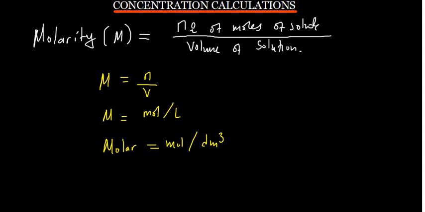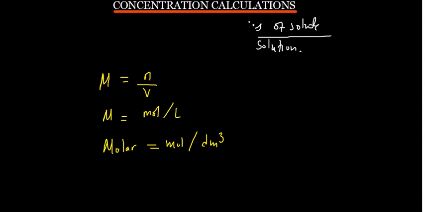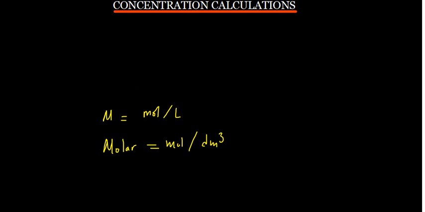So we can do just a very simple example on how to calculate molarity. So let's say we've been given 25.3 grams of potassium nitrate. When you calculate the molar mass of potassium nitrate, it is 101.1 grams per mole.